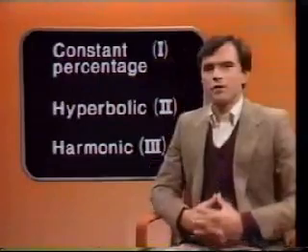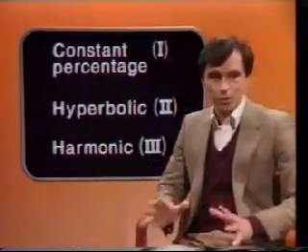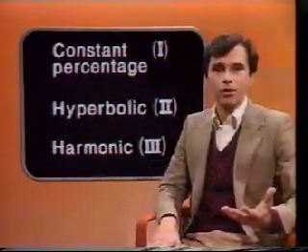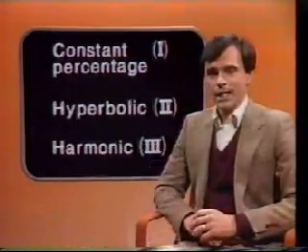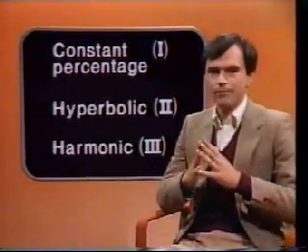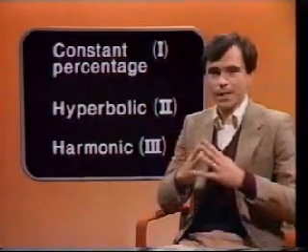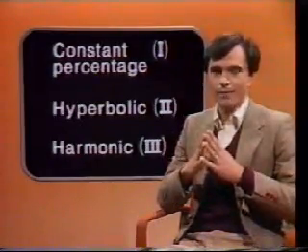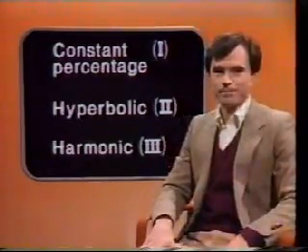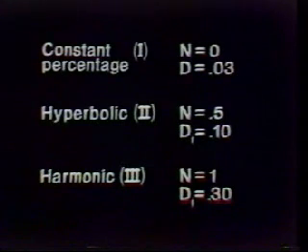We shall plot three curves on each, one for the constant percentage decline, which we shall label with Roman numeral 1, one for the hyperbolic decline, labeled with Roman numeral 2, and one for the harmonic decline, labeled with Roman numeral 3. In order to obtain these curves, we must assume specific values for n and d.